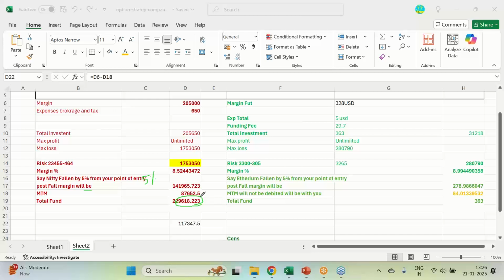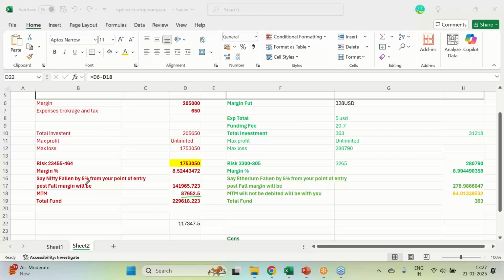However, this 87,000 of fall has only released 8.5% of your margin, not the 8%, 8.5% of this 87. That much only is released. So 87,000 is gone from your pocket.